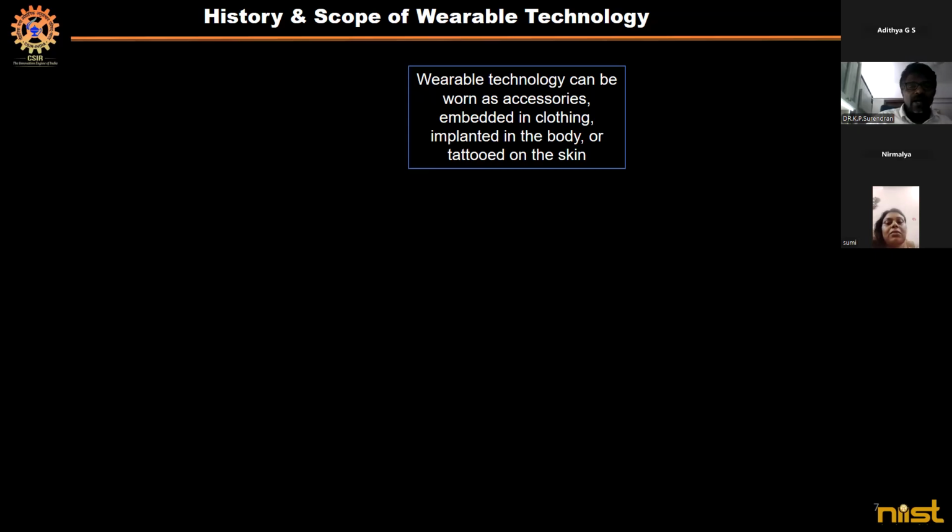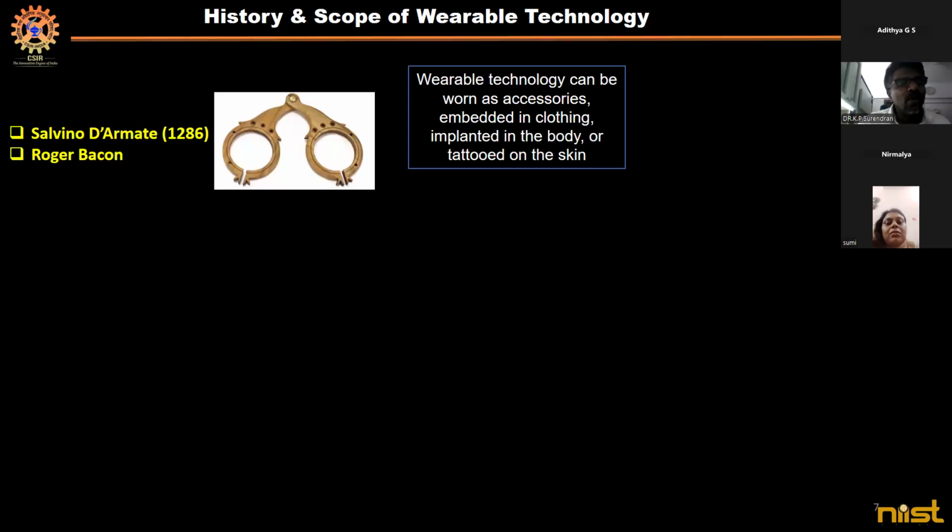It was Salvino di Amante, an Italian glass maker. He made a pair of glasses attached to a gadget, and he wore that for reading, and for magnifying letters and all that.